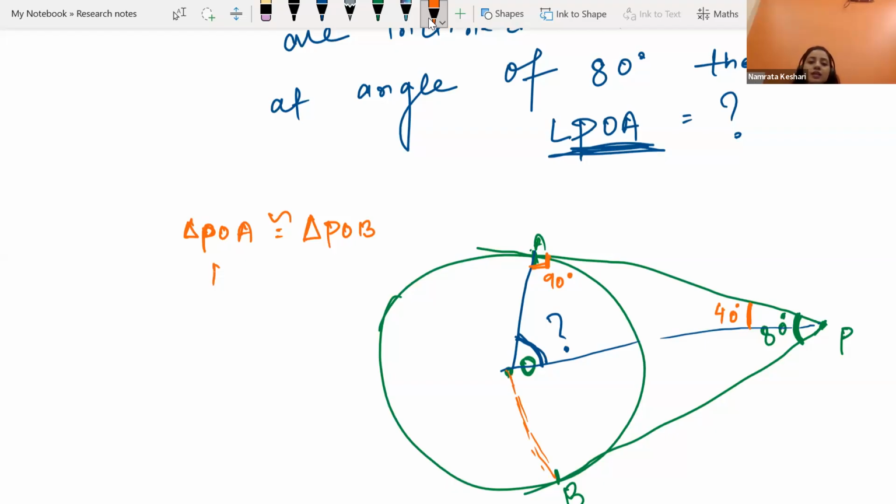So you can say that in this triangle angle A is 90 degrees, in that triangle angle B is 90 degrees, both are 90 degrees. That we know. There is a common side also, OP. What else?